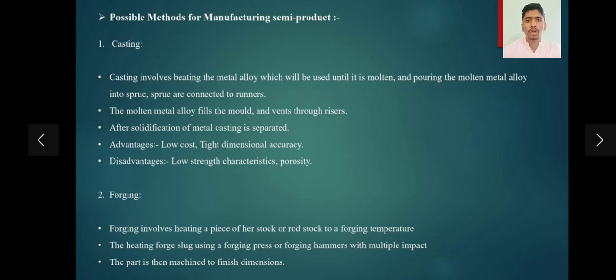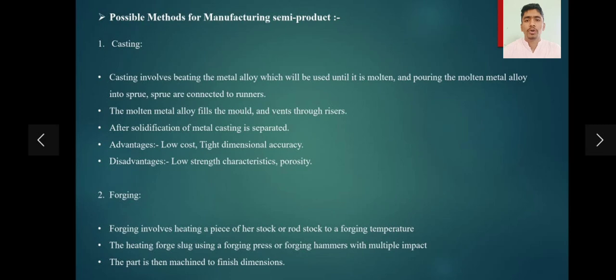The molten metal alloy fills the mold and vents through the riser. After solidification of the metal, the casting is separated. The advantages of casting are low cost and tight dimensional accuracy. Disadvantages of casting are low strength characteristics and porosity.